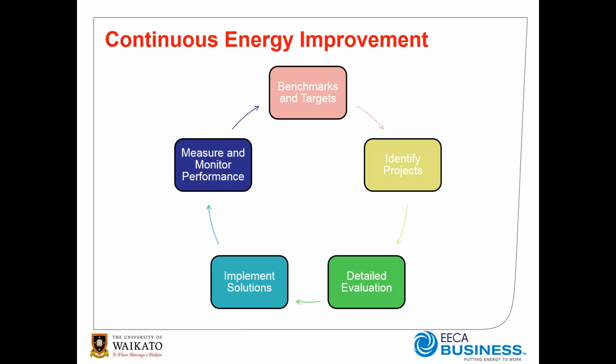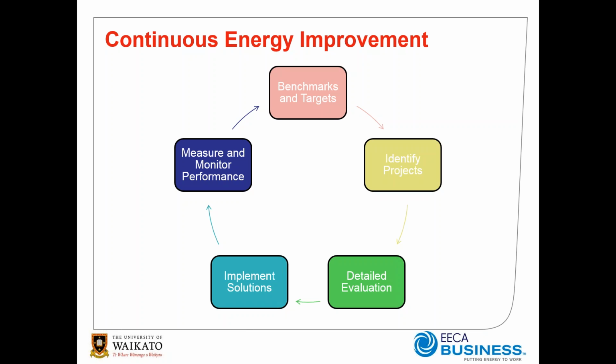Then these targets and analysis hopefully should lead to identifying projects. The project may be a retrofit of a heat exchanger network. This is where you might replace or add area to a heat exchanger. You might add a new heat exchanger. You may just repipe existing heat exchangers.